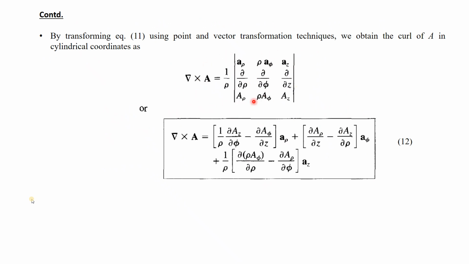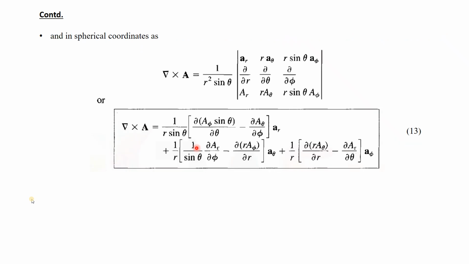This one is the curl of a vector A in the cylindrical coordinate system. The same thing over here, the del will be represented in the cylindrical form and vector A will be in the cylindrical form. Then if you find the cross product by using the same determinant technique, you will get this particular equation. So this equation is for the curl of vector A in the cylindrical coordinate system, and this is the equation for the spherical coordinate system.